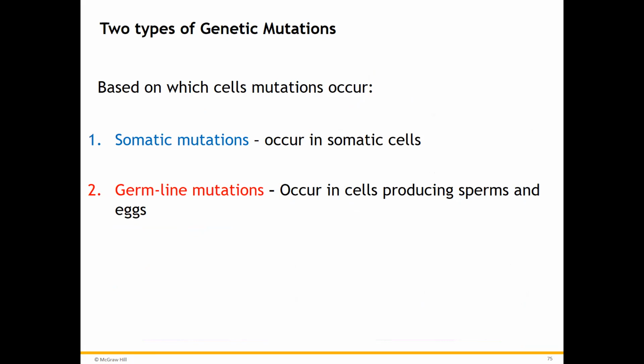If it's a somatic mutation, it occurs in a somatic cell. Remember, somatic cells are all the cells in your body except for your eggs or sperm. That's your germline mutation. Any cells that produce sperm and egg, if they experience a mutation, are going to pass that on to their offspring in the sperm or the egg.